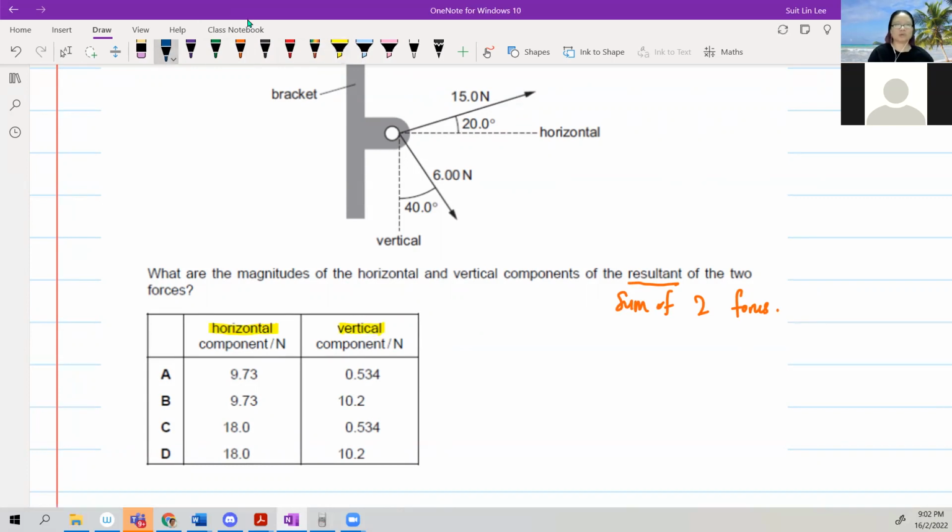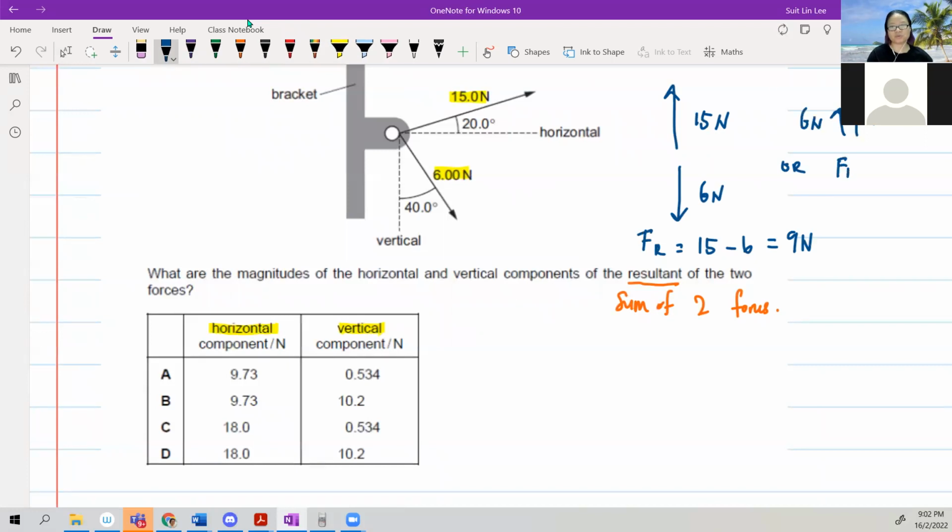So in an ideal world, of these two forces, this 15 and 6 Newton, if one is pointing in this direction and one pointing in this direction, then your resultant force will be 15 minus 6 because you're pointing in opposite directions, and you will get 9 Newton. Or maybe one will be pointing up and the other one is also pointing up. So this resultant force is 21 Newton.